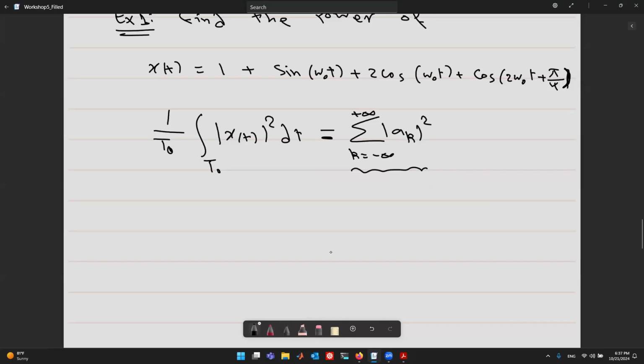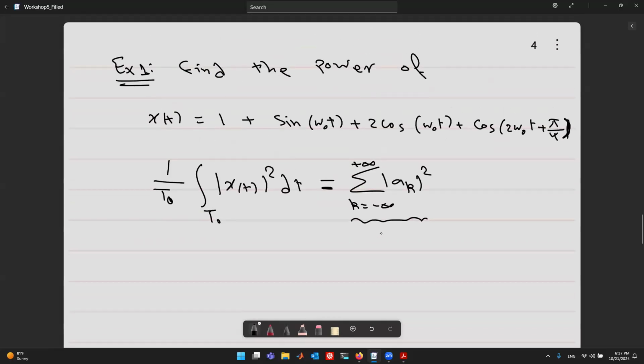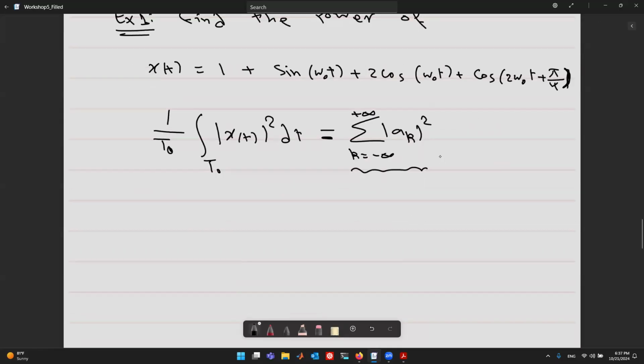The given signal is real, so the magnitude of a_k is even.